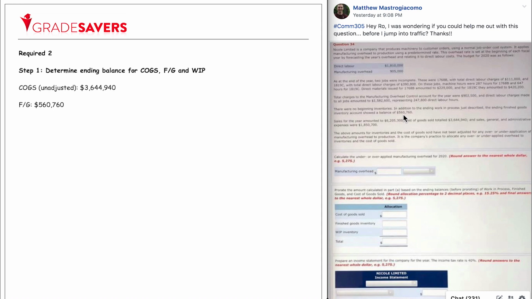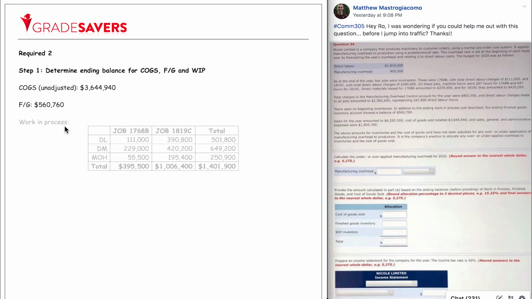In order to do that, we're going to have to add up all the product costs that are assigned to the 2 jobs that remained work in process at the end. So we're told that these jobs have labor costs $111,000 and $398,800 respectively. So that information is offered here in the second paragraph of our problem. We're also offered direct material charges for each job.